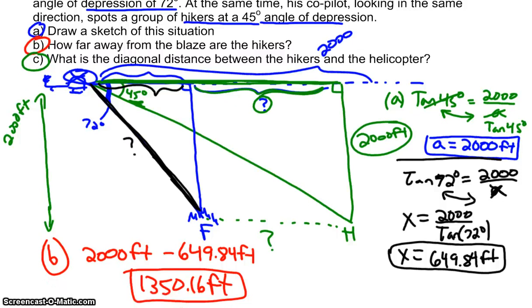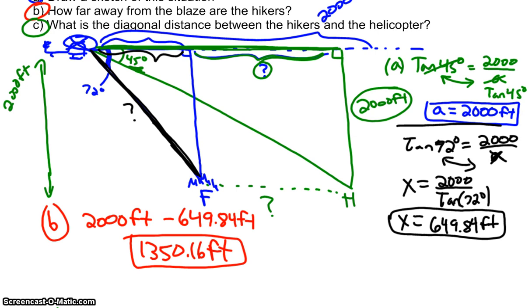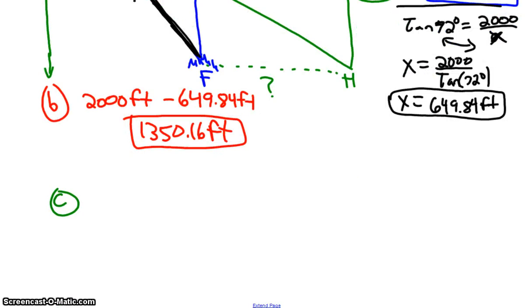So how can we set up this triangle for part C? Is to look at what we want, which is the hypotenuse, and know that we already found that length, which is the adjacent. So what deals with adjacent and hypotenuse is the cosine. So the cosine of 72 degrees equals the adjacent, which we found as 649.84, which maybe it might have been best for me to just round to 650, but I'm going to go for a little more exactness, and that is all over the hypotenuse.